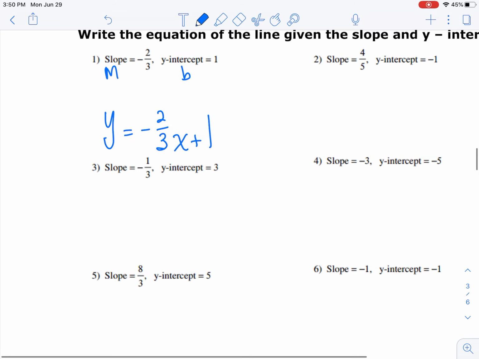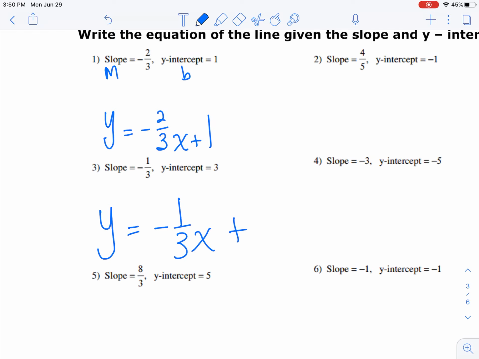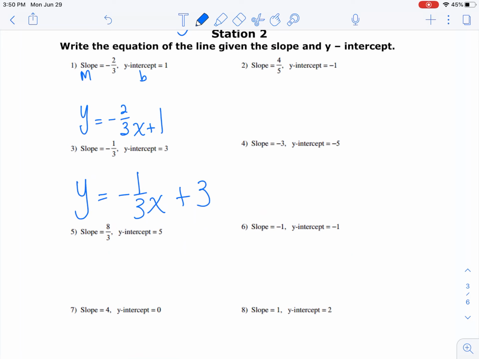Done. Same thing. y = -1/3 x + 3. Again, y = 8/3 x + 5.